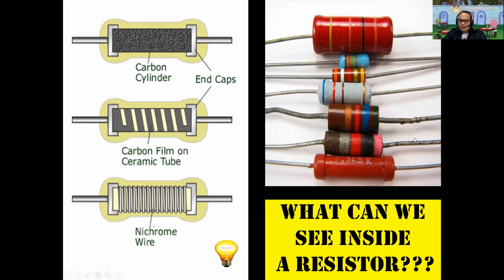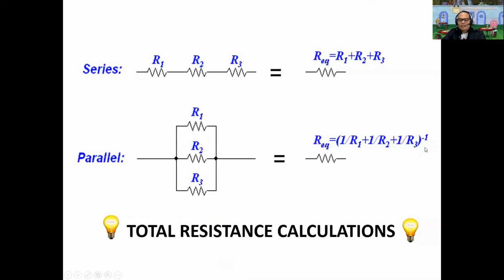Okay, so interesting. How do we calculate resistance, or get the total resistance in any circuit? Typically, we only have two types of connection in a circuit: a series connection and a parallel connection. To get the total resistance of resistors connected in series, you simply add them. Like for this setup, R1 plus R2 plus R3 gives RT, the equivalent resistance.